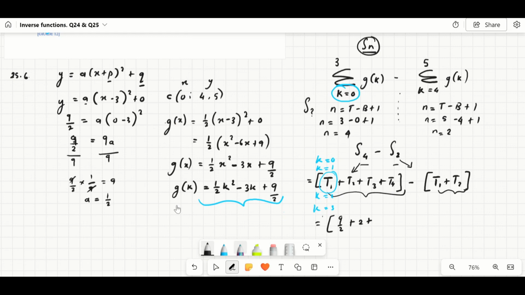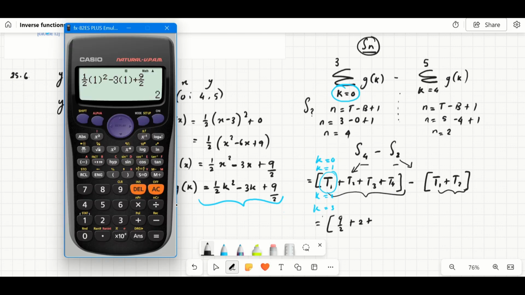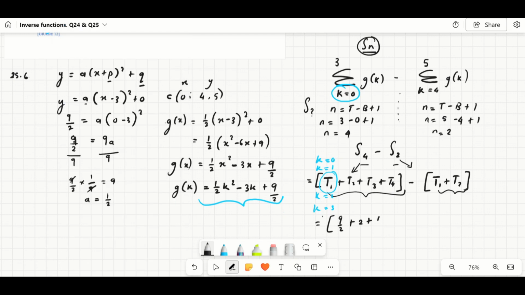To 2. Substitute 2 where there is k. That's a half, plus, and then term 4 is k equal to 3.